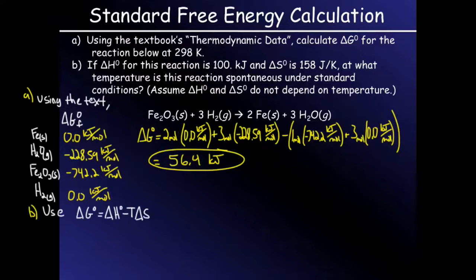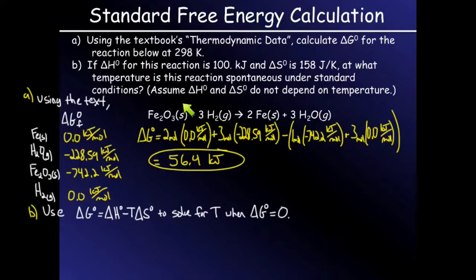Once I have my standard delta G, part B then asks me to solve for the temperature at which the reaction is spontaneous. Now remember, the reaction only has spontaneity being temperature dependent when the delta H values and the delta S values have the same sign.